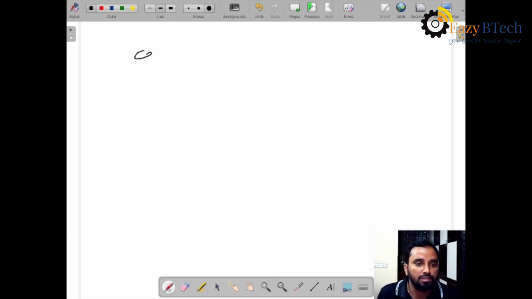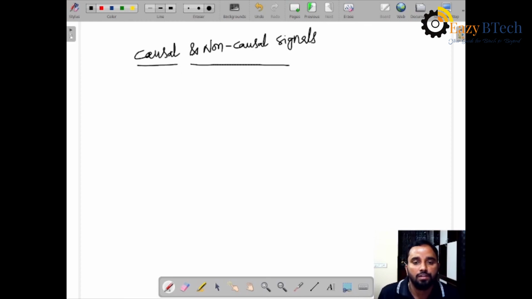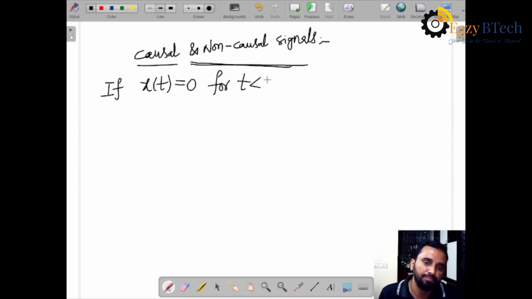Causal and non-causal signals. A simple definition. Take the continuous time signal x of t. It will become causal if x of t is equal to 0 for t less than 0.